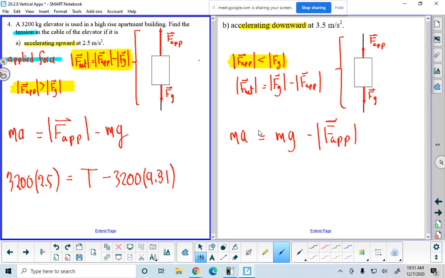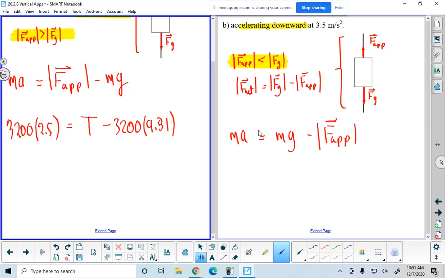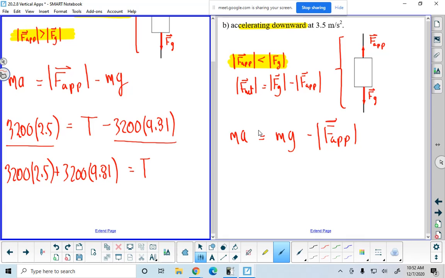So to get our answer, we take 3,200 times 2.5 and add 3,200 times 9.81. So we get a tension equal to 3,200 times 2.5 plus 3,200 times 9.81. Don't worry about calculating it just yet. You can calculate it if you want, but I'm going to now talk about the next one.